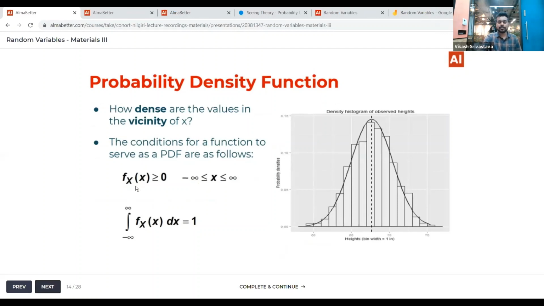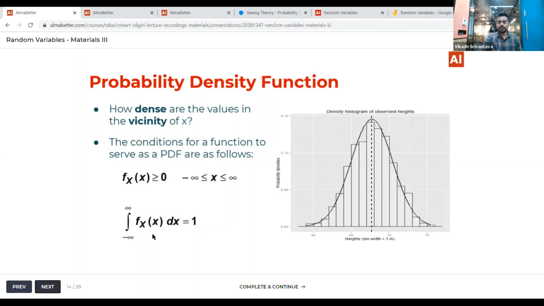One is that f of x should be greater than or equal to 0, where x can take values from minus infinity to infinity. And the integral of the probability density function with respect to dx from minus infinity to infinity will be 1, right? These are the conditions for a function to serve as a probability density function. The area under our probability density function has to be 1.